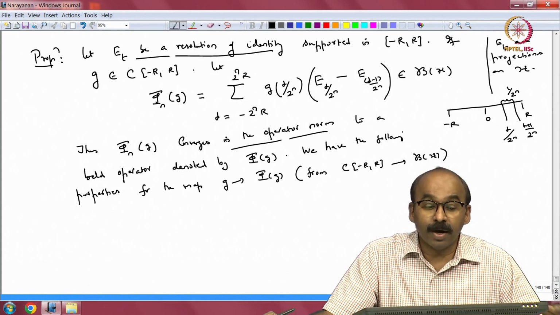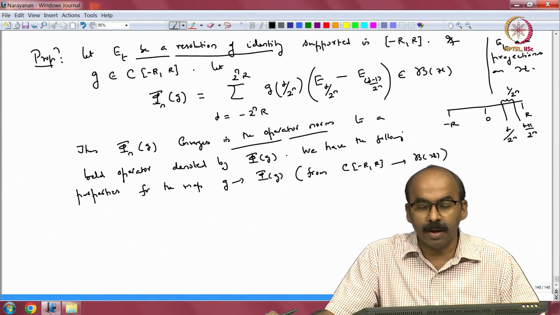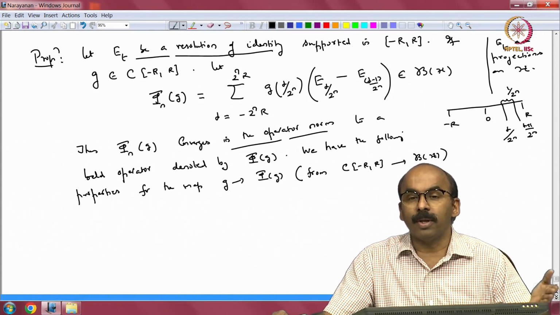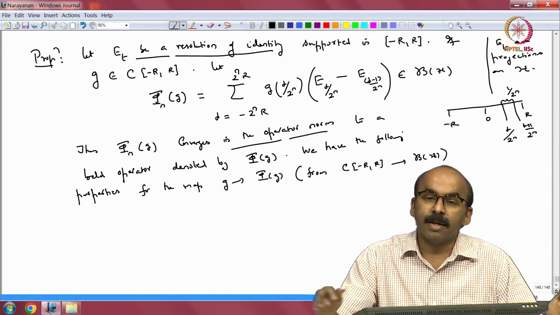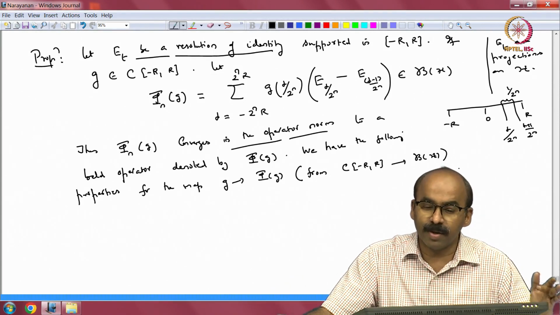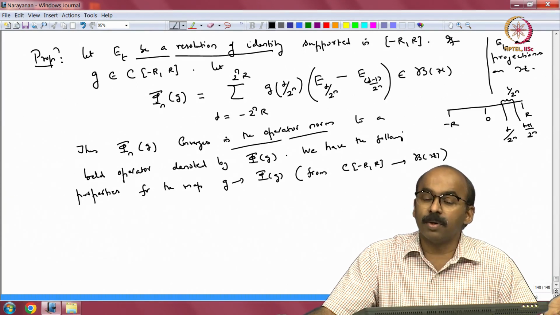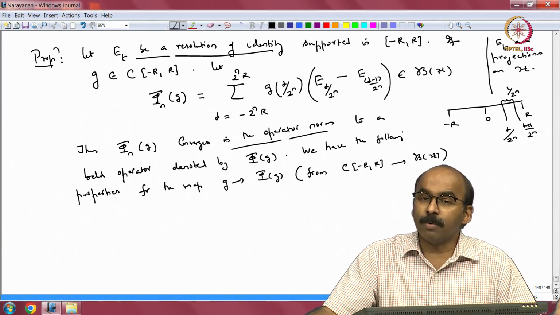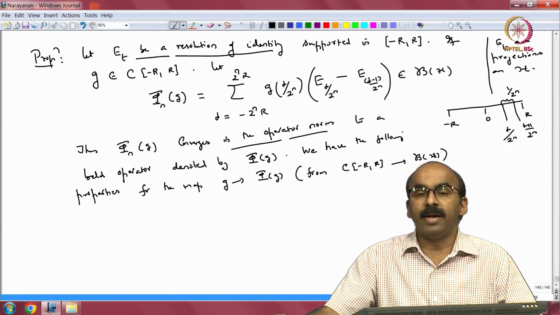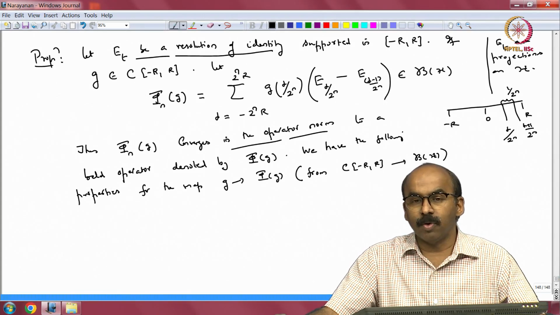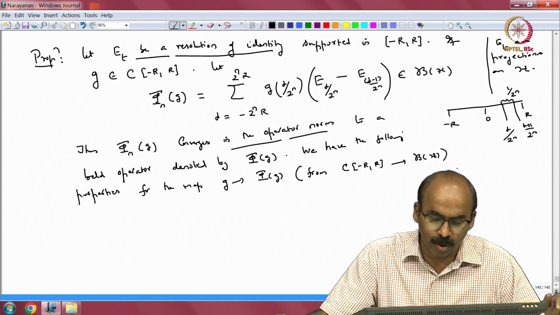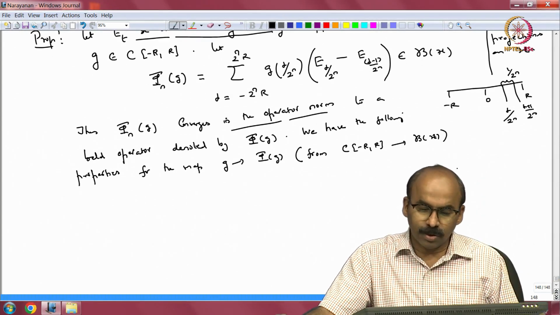But one still has a resolution of identity, and it makes sense for all t in R, except that it is 0 up to the left end point of the spectrum, and then it becomes 1 after the right end point of the spectrum, and so on, right. That is what happens. Okay. But when we write it, we are writing it as supported in minus R to R. It may be supported on a smaller set. Okay. So, some of the things we have seen when we did things with the spectrum and the projection valued measure, some of the equalities may not be true. Okay. So, you may get an inequality and so on, but that should not bother us too much.